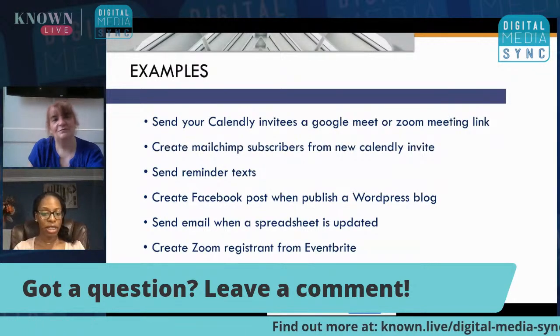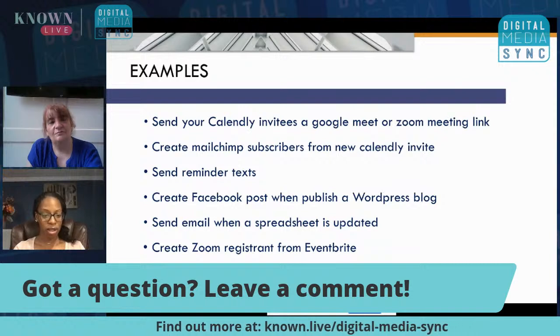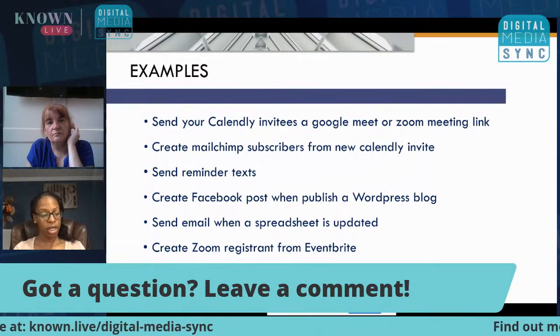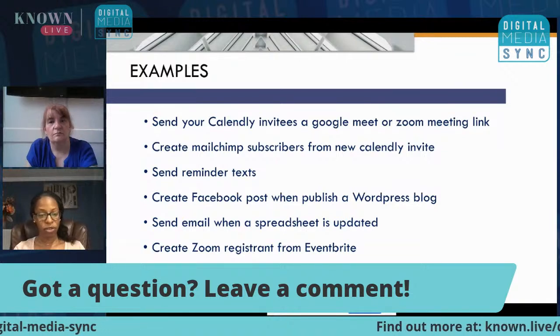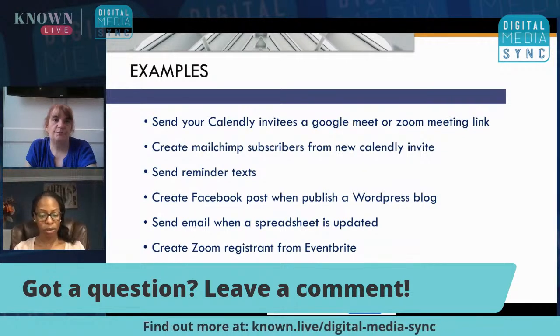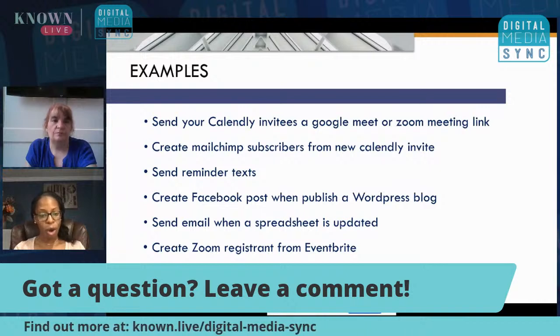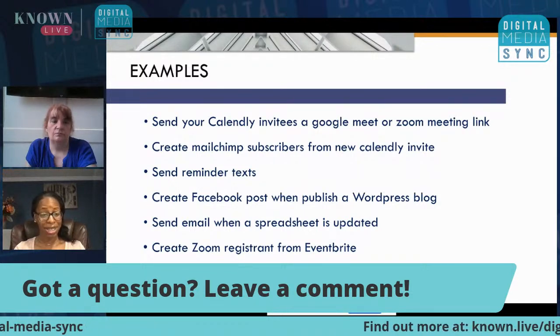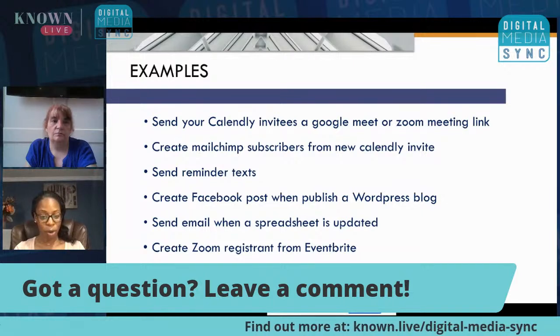Another example is with one of the groups that I am a part of. When we have a webinar, we host it through Zoom and we have Zoom registrants, but then we also want to advertise on other platforms. So we'll put it on Eventbrite. But we don't want to have to look in two different places every time when we want to get a complete list of our registrants for our webinar.